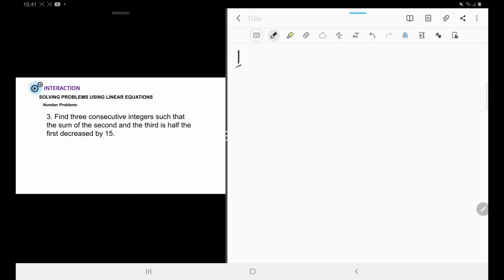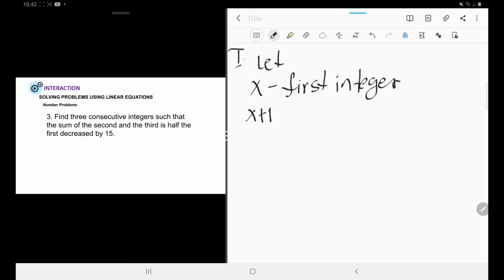Okay, so if we will let x represent the first integer, then the next integer should be x plus 1, because it says here that the three integers should be consecutive integers.